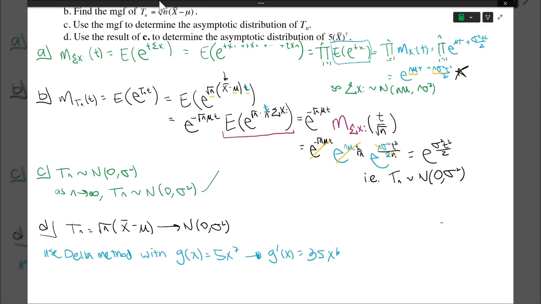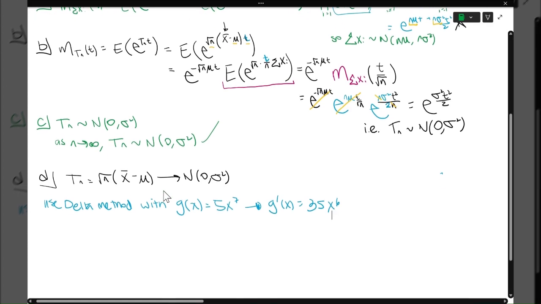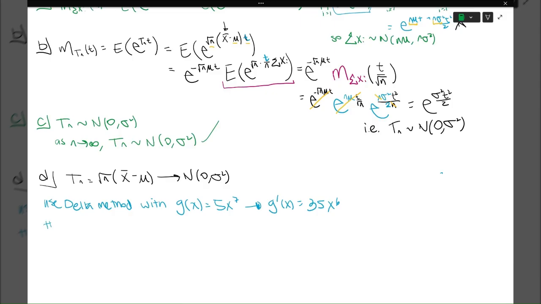And so what we can say then is radical n times (5 x bar to the 7th minus, we apply the function to mu, 5 mu to the 7th) approaches normal 0, and g prime is 35, and we'll replace the x with mu to the 6th, quantity squared, times sigma squared, by the delta method.